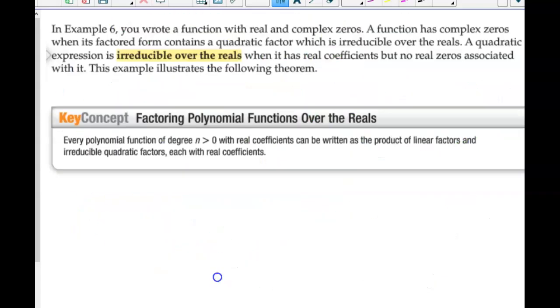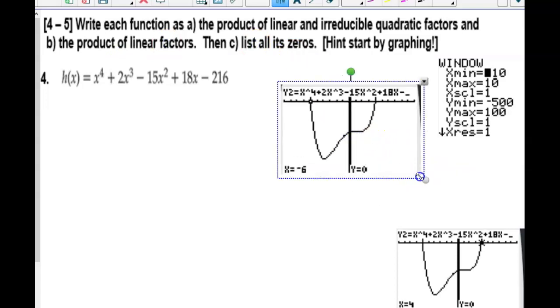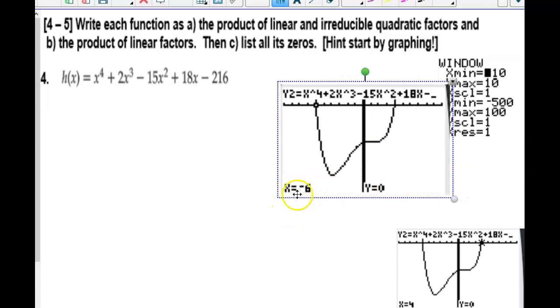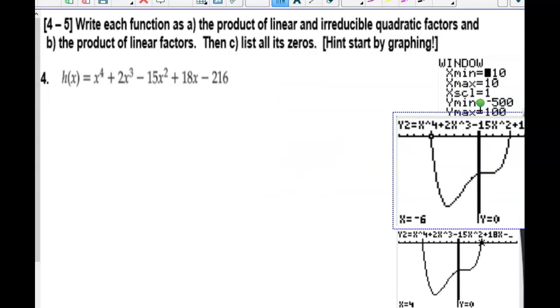Okay. So for this question right here, this is number 4 in your notes, and I really want to get through this. What you would do first is graph it. Okay? I graphed it. Here's what it looked like. Can you tell anything right there from that? What does it have as a 0? Right down there it says -6, yes? So how would you start dividing?